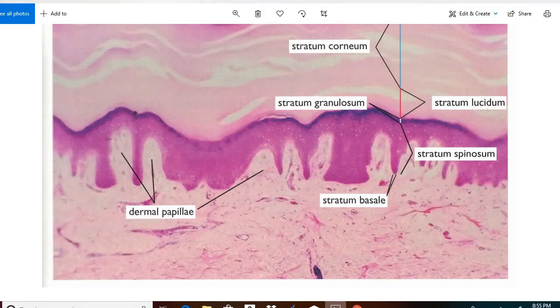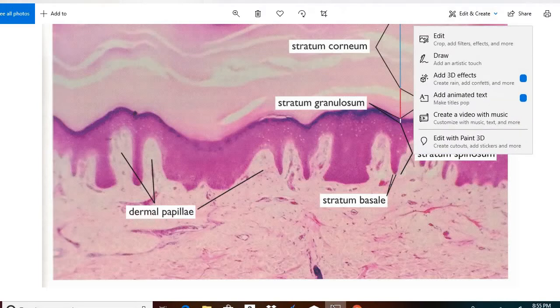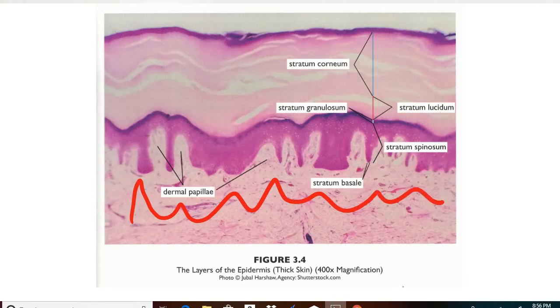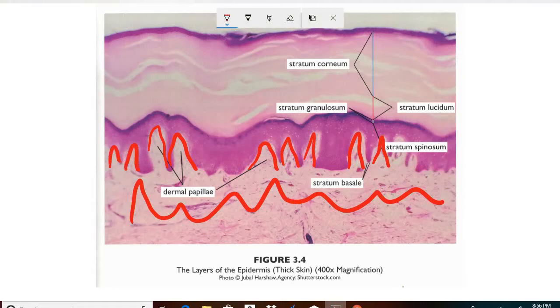So just to orient you here, all this pink stuff underneath here, all this down here would be dermis, right? Because you can see these dermal papillae here, these little grooves that go up into the dermis and help to bring the blood supply closer to the epidermis.